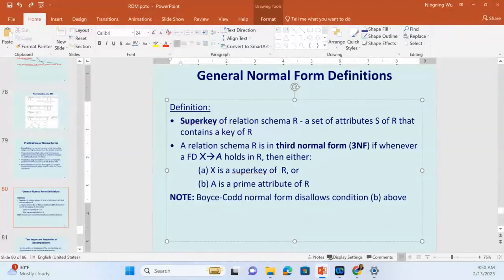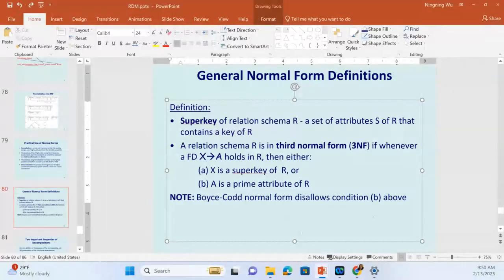If you think about the conditions in the 3NF definition, a functional dependency must violate both in order to be a bad one, in order to prevent the relation schema from being in third normal form. But the BCNF actually just means that as long as you violate one, then it will not be BCNF.